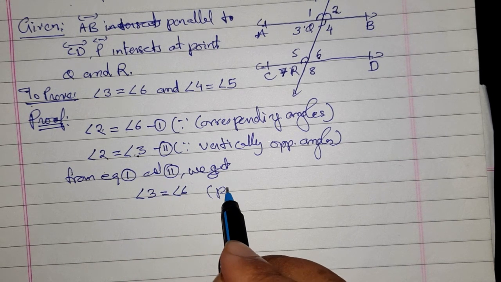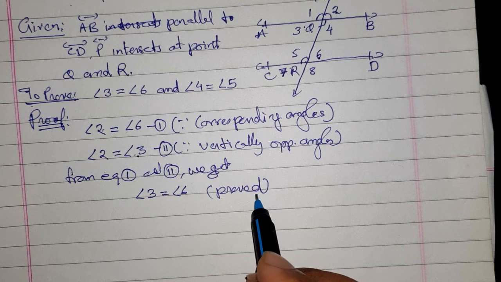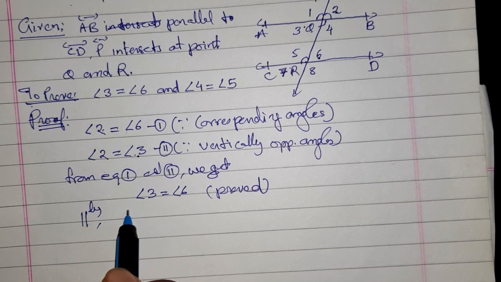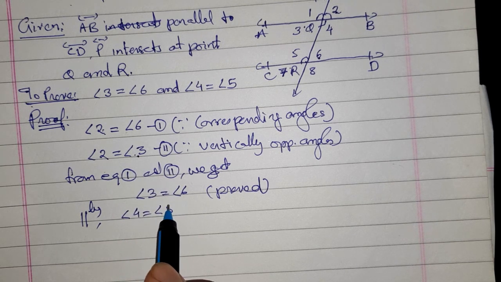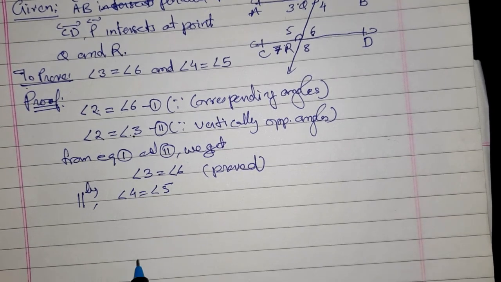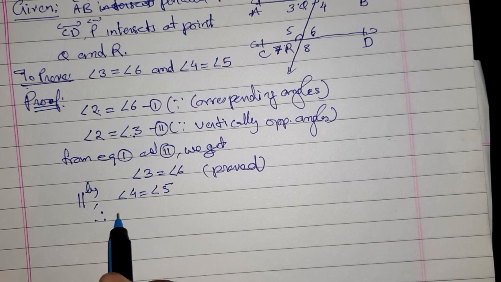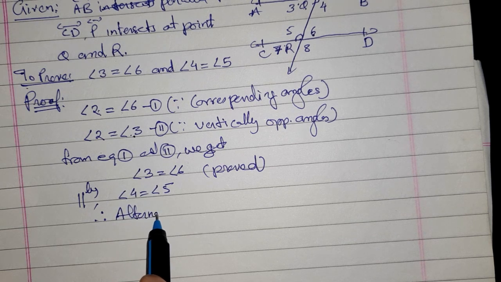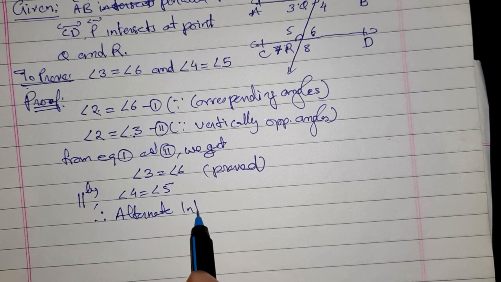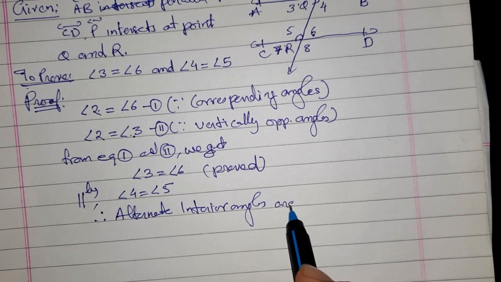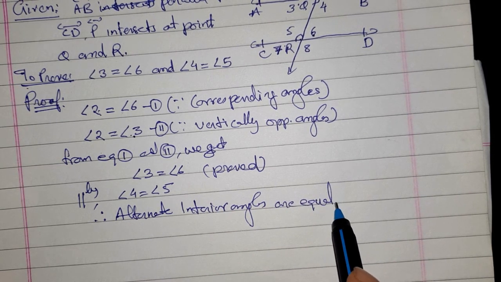So we already proved. Similarly, we can also show that angle 4 is equal to angle 5. Therefore, alternate interior angles are equal.